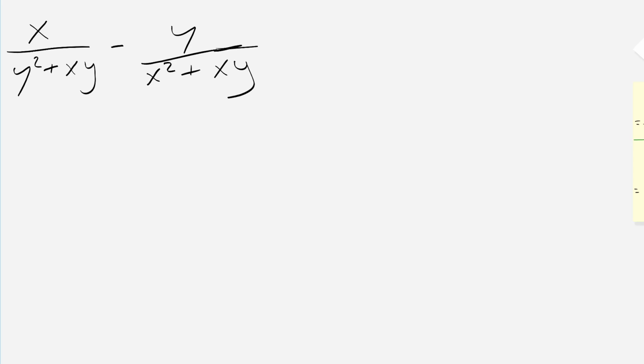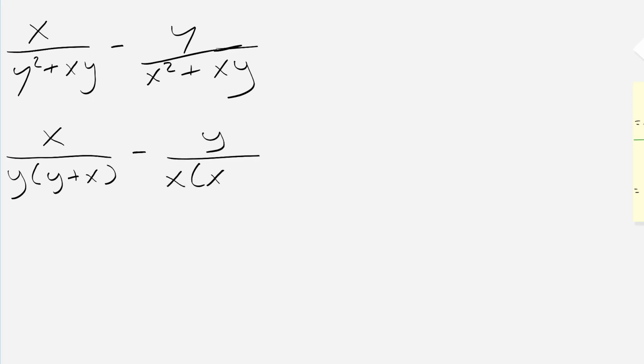So I'm going to rewrite the question and say this is x over y times y plus x minus y over x times x plus y. Sometimes if the denominators of the individual fractions can be factorized, it's a good idea to do that, because this will help us get the simplest version of the lowest common denominator.